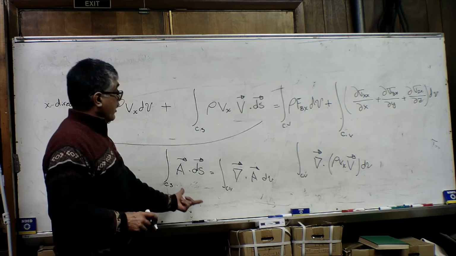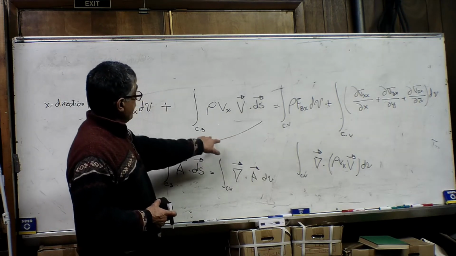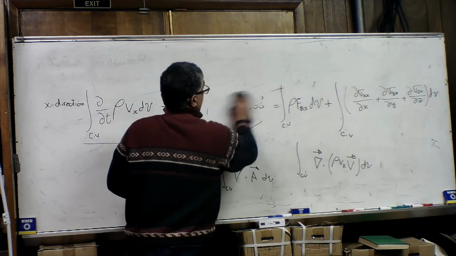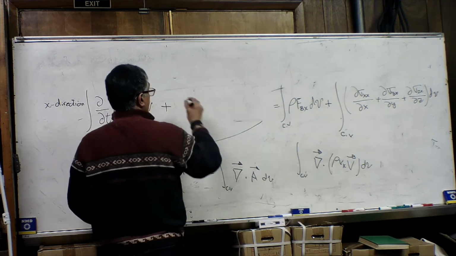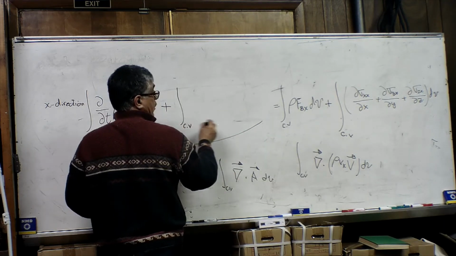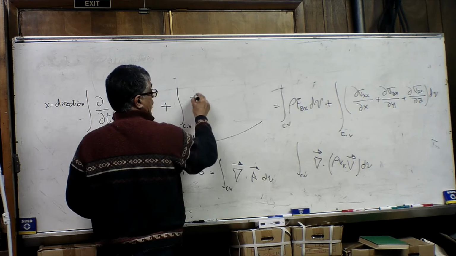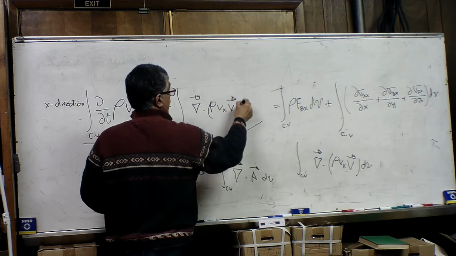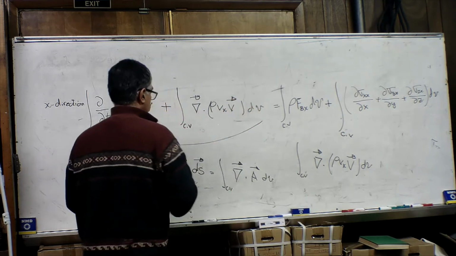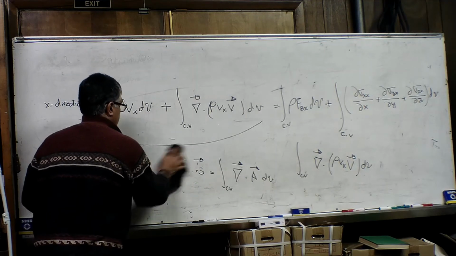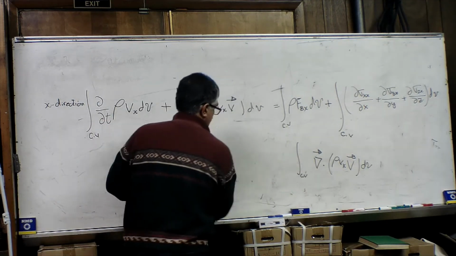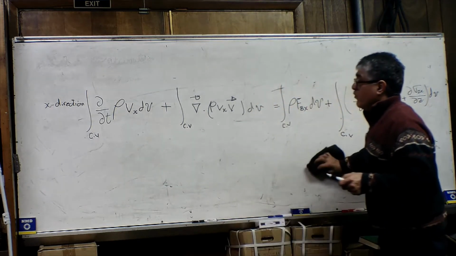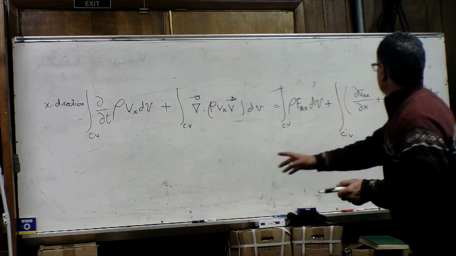So by using the Gauss Divergence Theorem, we can transfer this integral into a volume integral, del dot rho vx v dV. Now all our 4 integrals are volume integrals, so we can solve this equation.